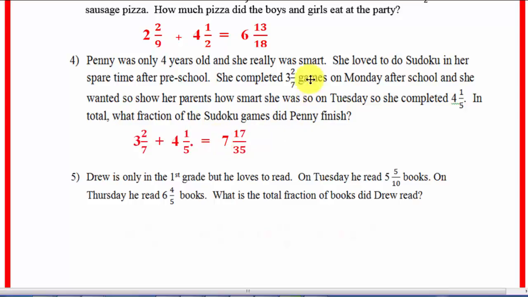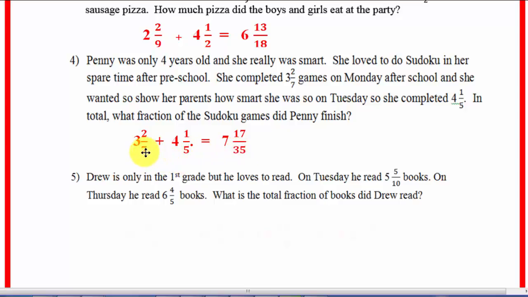All right, let's look. Here's 3 2/7 plus 4 1/5. 3 and 4, that's an easy one, 7. Now, what's the common denominator for this one? 35.